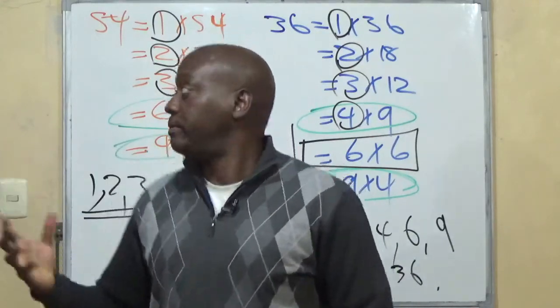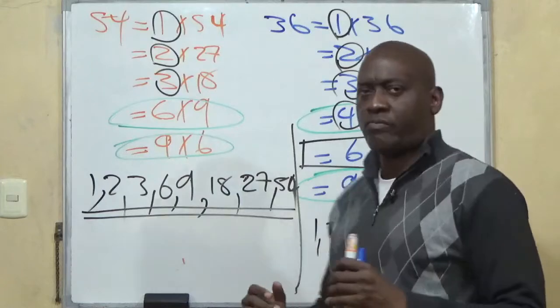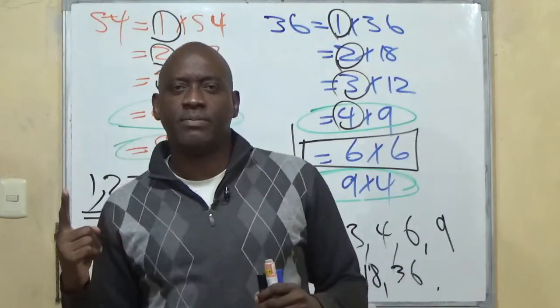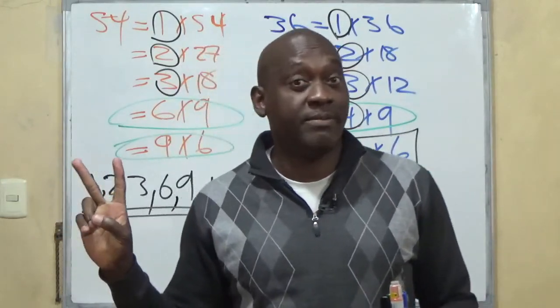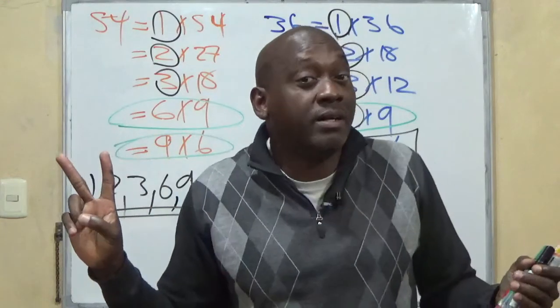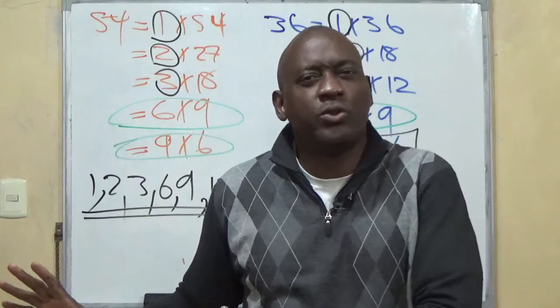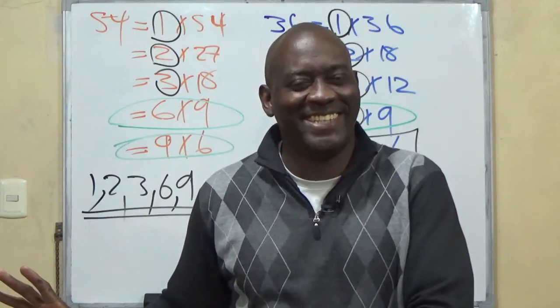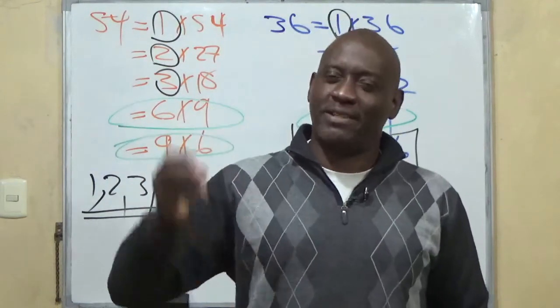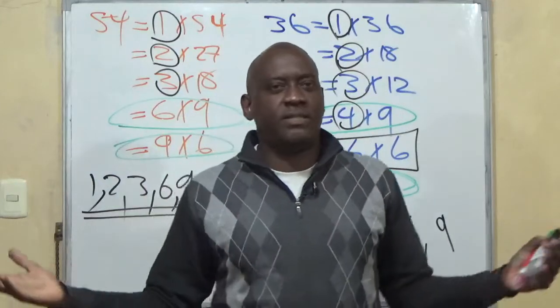27 is an example. The first factor of 27 is 1. The second factor of 27 is not 2 because 27 is an odd number. So with the odd numbers, you know immediately that the second factor is not 2. Right? The second factor of 27 is 3. The third factor is 9.